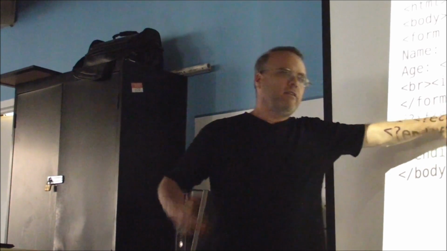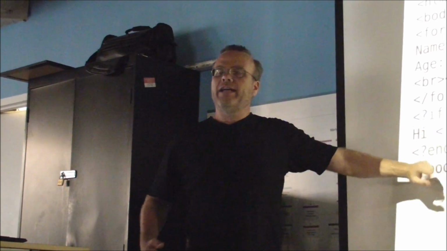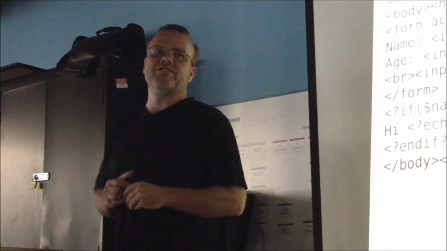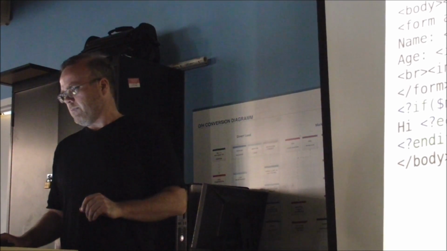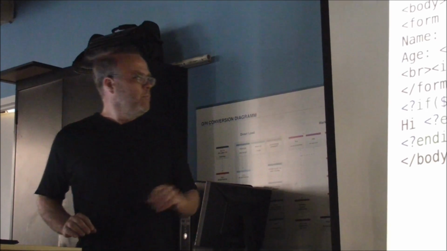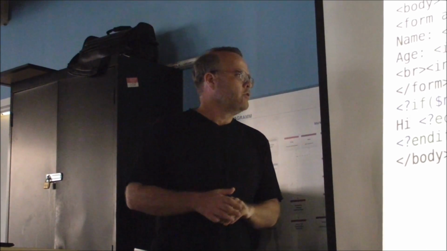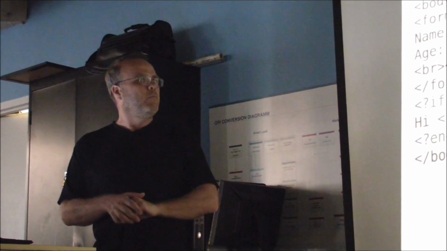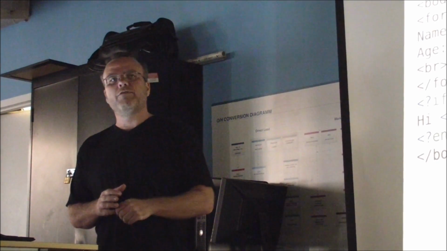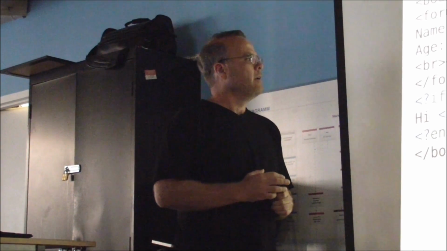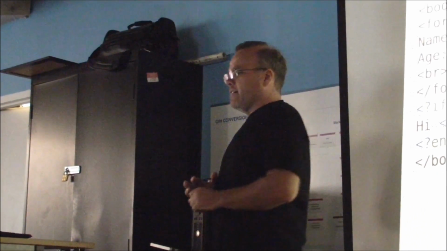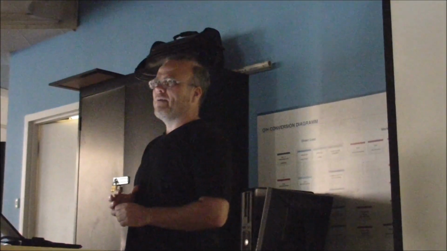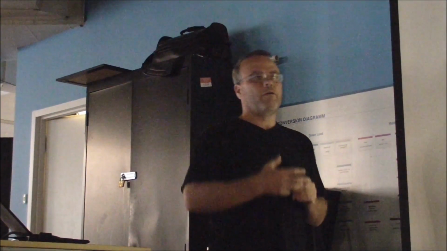But if I could treat the dynamic parts just like any other HTML tag, it was much, much easier to get them to a point where they could start making pages. So this is basically what I wrote for PHP version 1, was the ability to sprinkle a few dynamic tags in there. Now my goal with this was actually to provide kind of a framework for writing really complicated applications.